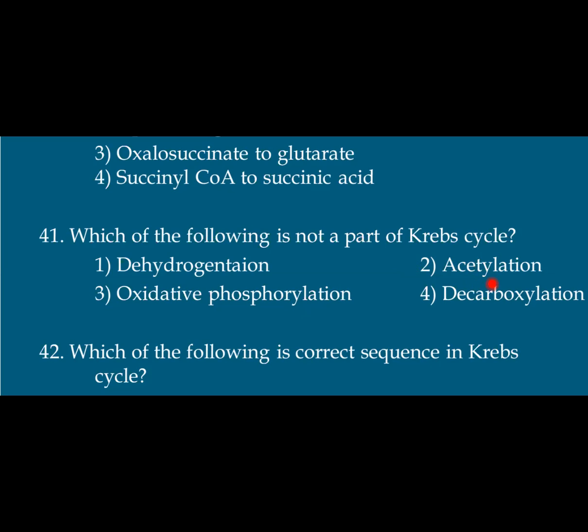In the Krebs cycle, the acetyl group is not added anywhere. Whereas option 3, oxidative phosphorylation, occurs in ETS, the electron transport chain. It does not occur during the Krebs cycle. So both 2 and 3 you can tick here. Option 4, decarboxylation, is not the answer, because decarboxylation occurs multiple times in the Krebs cycle. So for 41, option 2 and 3 both you can go for.